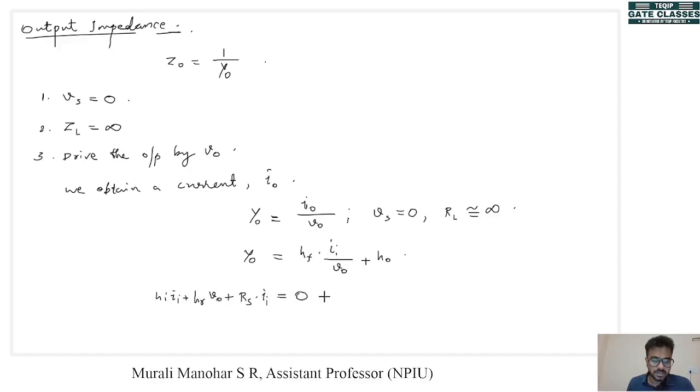This is now equal to 0 because Vs is equal to 0. And from this we will get II divided by VO as minus HR divided by HI plus RS. So this is the value of II by VO that can be substituted here.